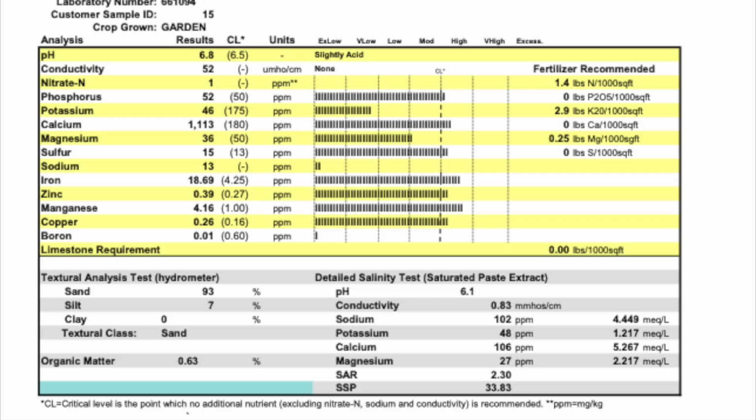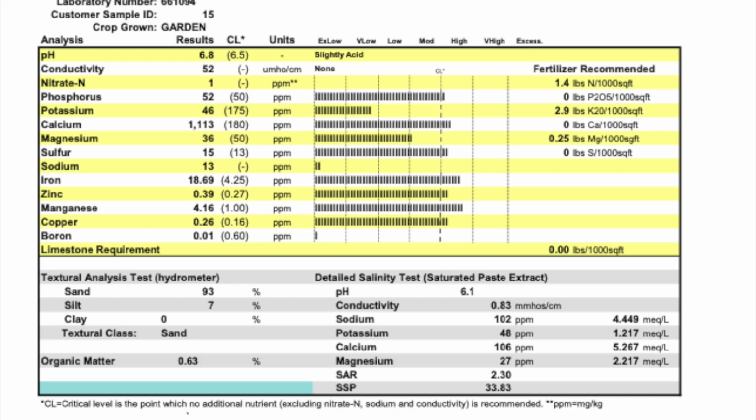The next one is fairly similar because they're from the same property. Let me back up real quick before I move on. When you look at calcium to magnesium ratios, the ratio of calcium to magnesium should be 6 to 10 to 1.